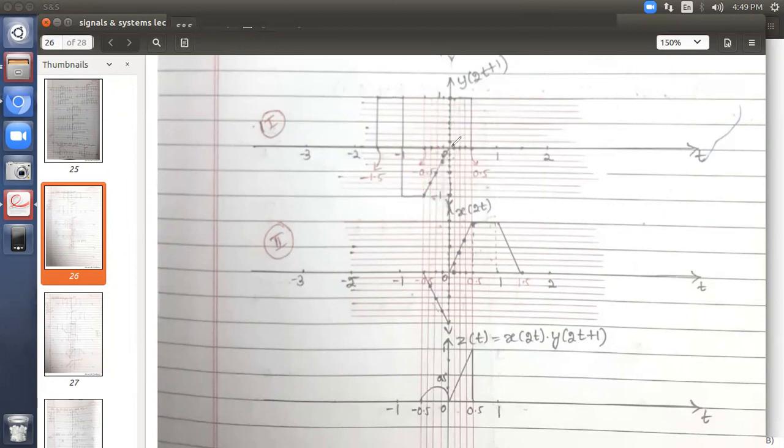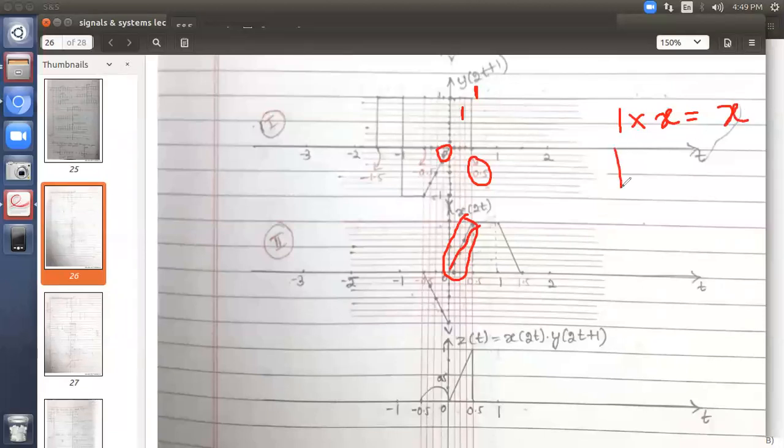Again, if you observe between 0 and 0.5, there is one pulse with the amplitude 1. And check this, here you have a ramp. You tell me, if I multiply 1 with x, what will I get? x only, right?